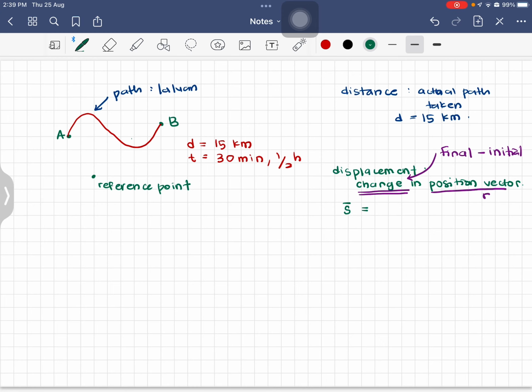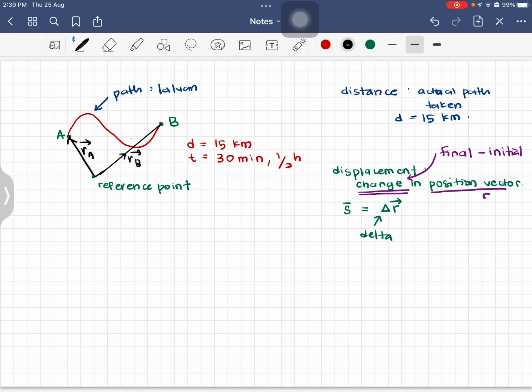Change in, we will symbolize it as this triangle, calling it delta. So, position vector is R, we put R here, delta R. Now we have learned before this, A has RA as its position vector and B has RB as its position vector.